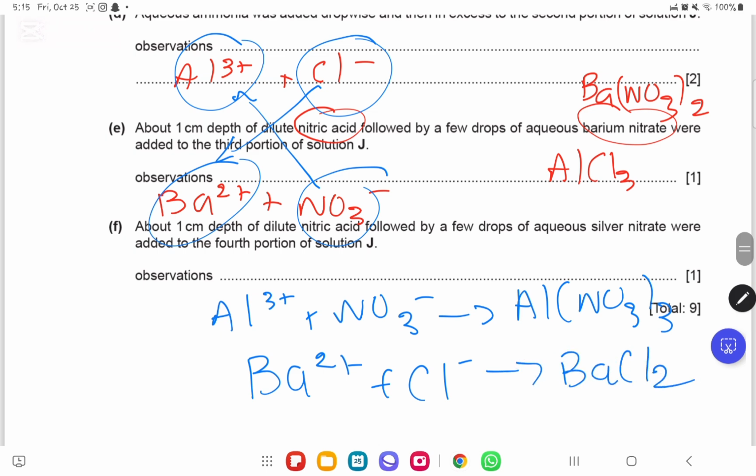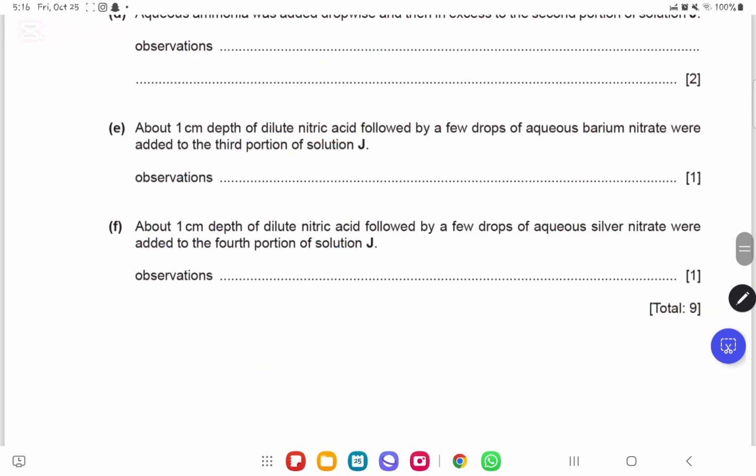If you look at your solubility rules or you memorize them already, you will know NO3 dissolves with everything and Cl will dissolve with everything except for Ag+, Pb2+, and Cu+. So definitely these are both soluble solids. So that means our observation in part E is no change.